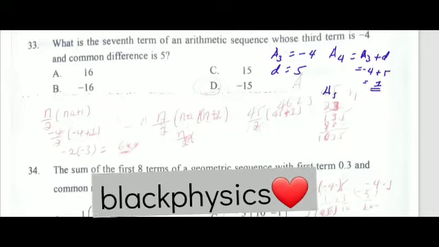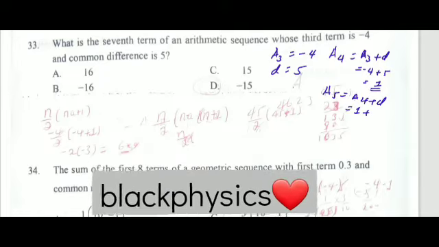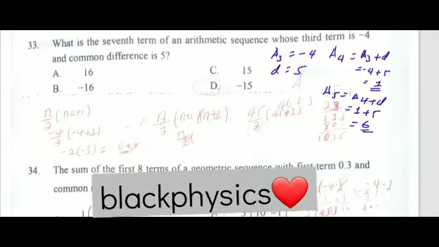Then a5 is equals to a4 plus d, which is 1 plus 5 is equals to 6.